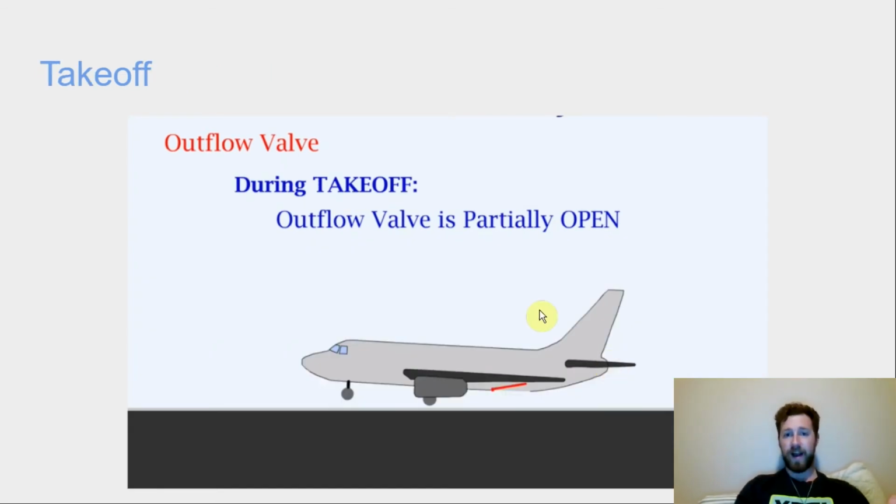As we take off, that outflow valve is going to be partially open. As the air is getting shoved into the cabin, it's allowed to escape, but not as quickly as it's getting packed in. So the result is that our cabin's going to increase in altitude, but it's not going to increase at the same rate. So what I mean by that is, say we're making a climb up to 30,000 feet, and we're climbing at 1,500 feet per minute.